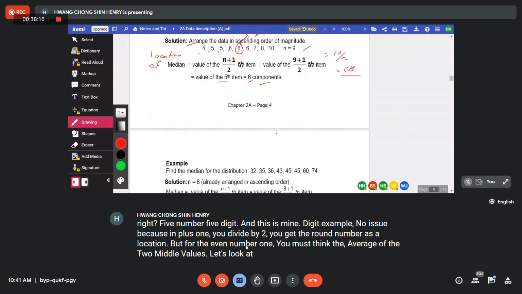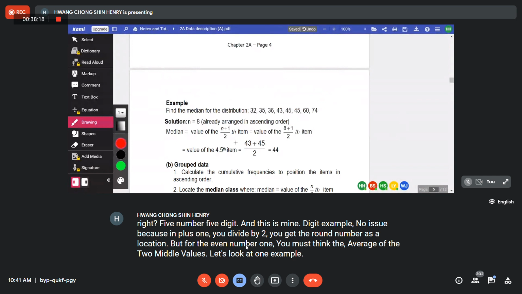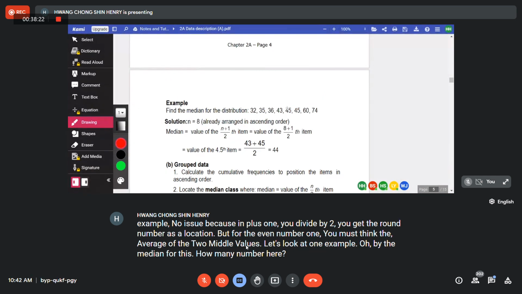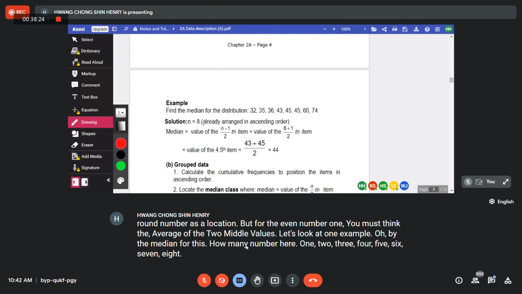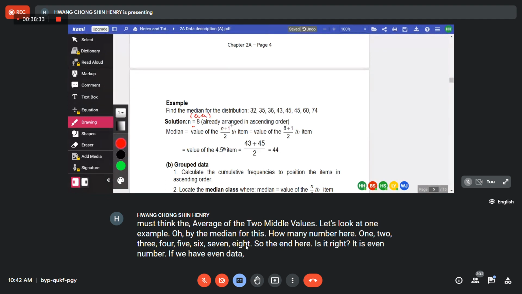Let's look at one example. Find the median for this. How many numbers here? 1, 2, 3, 4, 5, 6, 7, 8. So n here is 8, an even number. This one is already arranged from small to big.